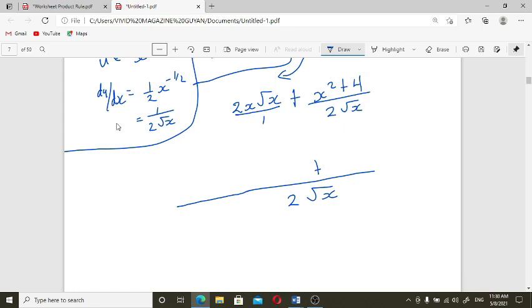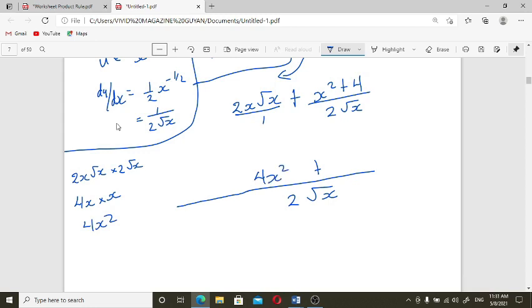So if you're going to have 2x root x, which is now going to be multiplied by 2 root x, you're going to have 2x times 2, which gives you 4x. Multiplying the root times the root is going to give you just x. So you have 4x squared.